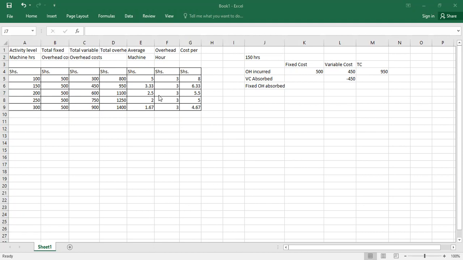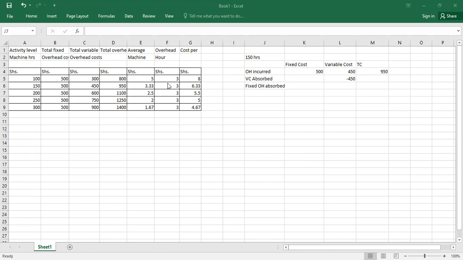So you can see my screen now, isn't it? We've been told in the table below, the variable overhead absorbed per machine hour is 3 shillings constant, irrespective of the activity level. So that one we know.